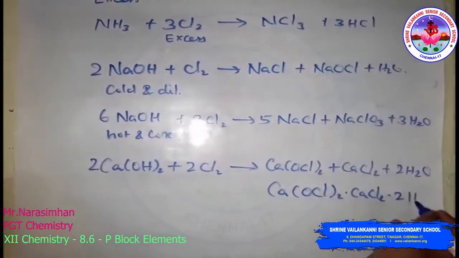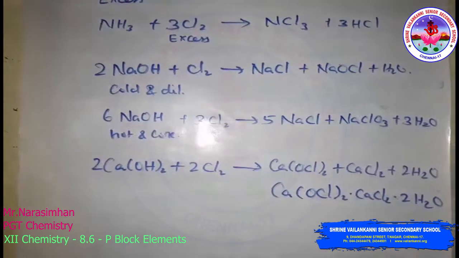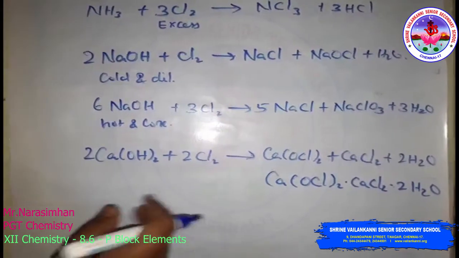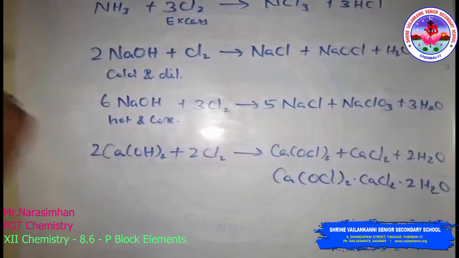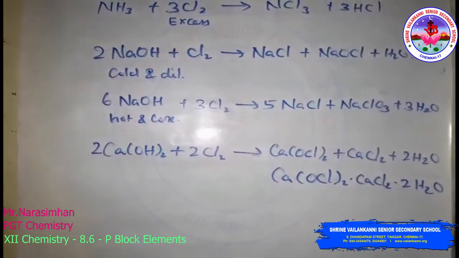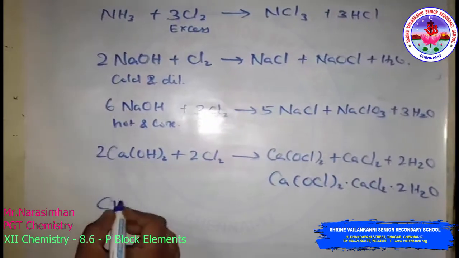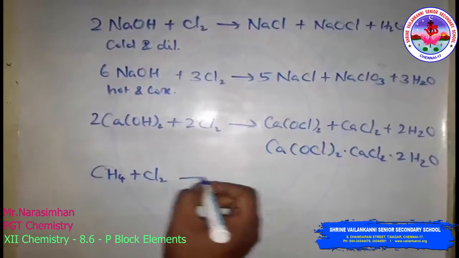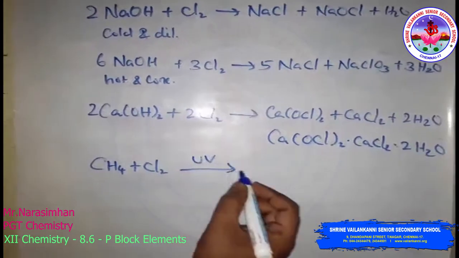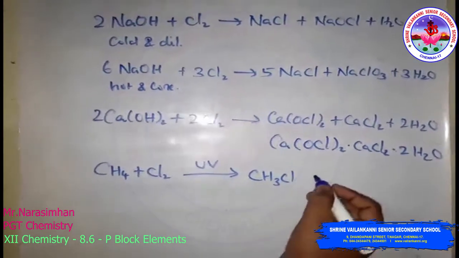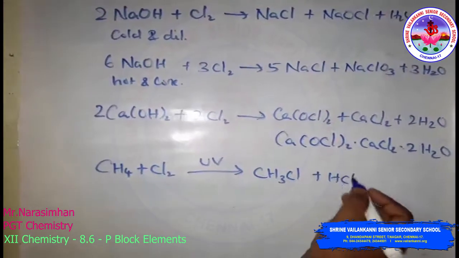Chlorine reacts with hydrocarbons to give substitution products with saturated hydrocarbons, and addition products with unsaturated hydrocarbons. For saturated hydrocarbon, methane reacts with chlorine in the presence of UV light to form methyl chloride and HCl.